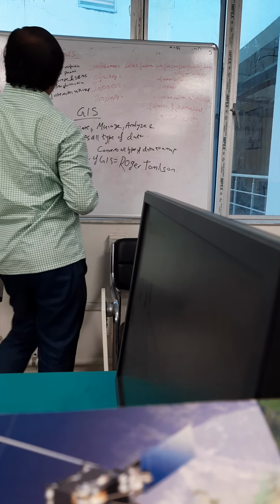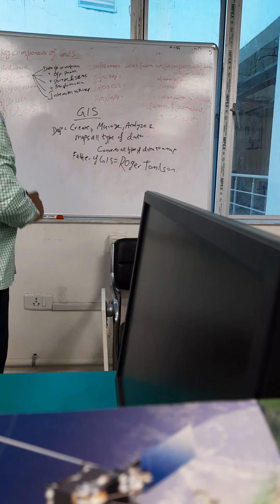So these are the 5 parameters for the GIS software.